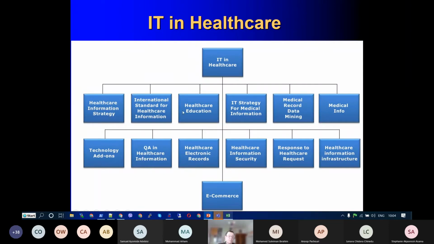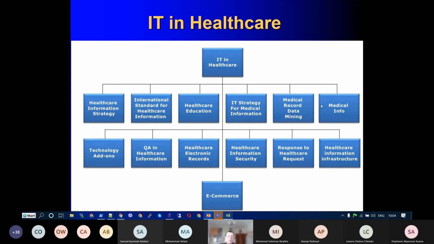And definitely the second area, where we are already in constant development and constant activity, is the implementation of information technology in healthcare education. That is what we do right now with our lecture.